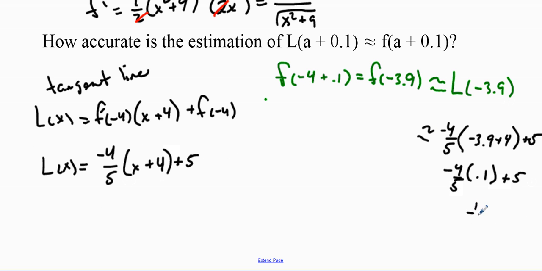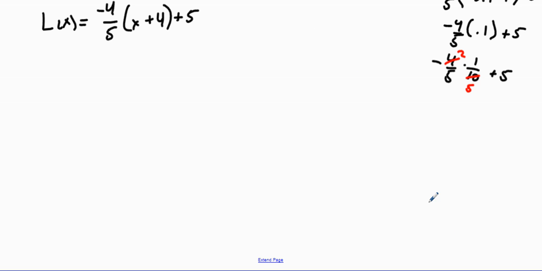We got 1/10 times negative 4 fifths, and then a plus 5. I'm going to cancel out some things. I change this so I have a common denominator, and what we have is 125 over 25, because 25 times 5 is 125, I believe.